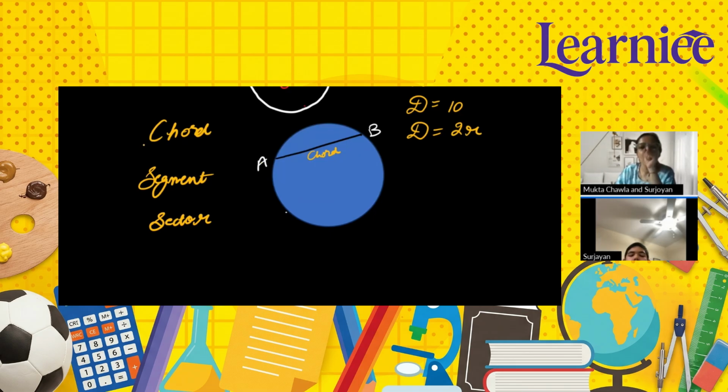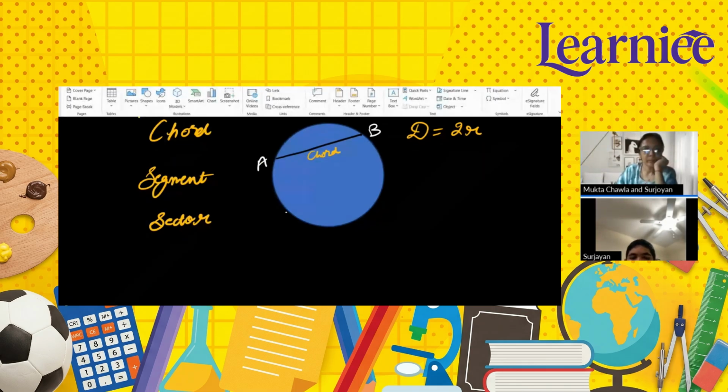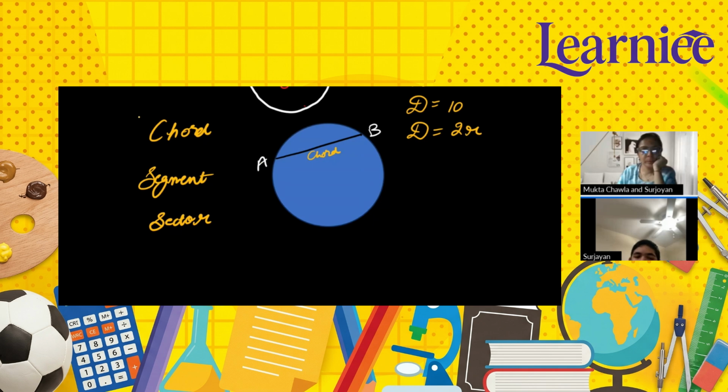It's like from one part to another with equal distances, I think. Okay, I'm telling you one statement, then you can tell me. Segment is the region between arc and chord. Now, can you tell me what would be the segment here?